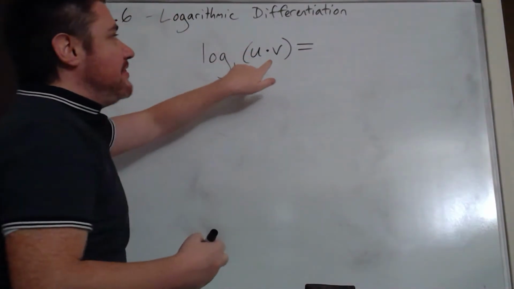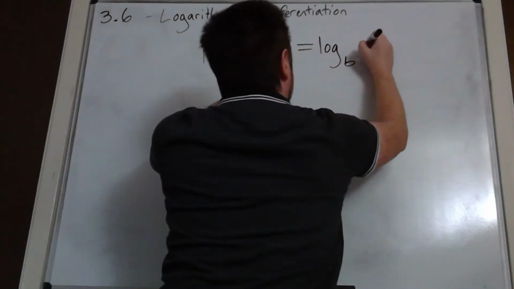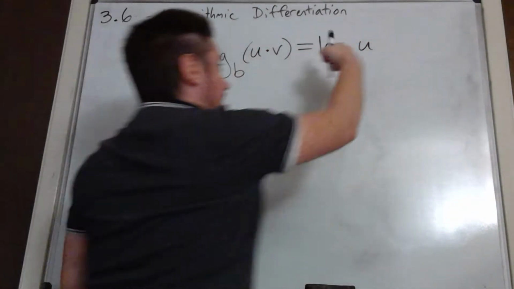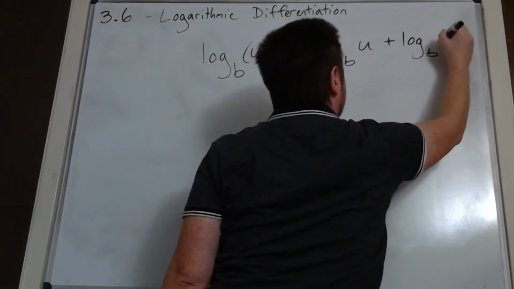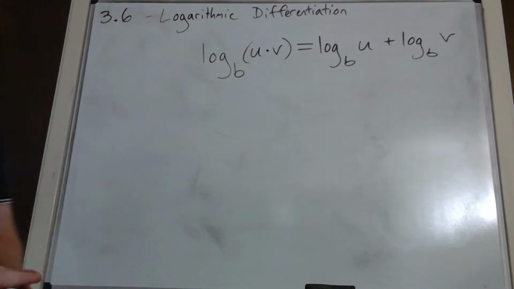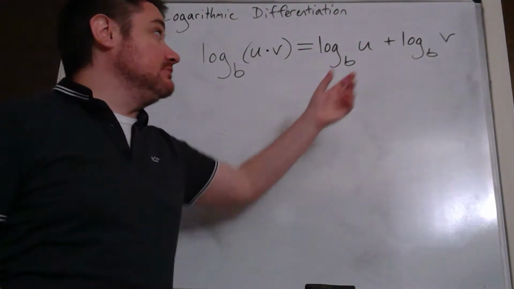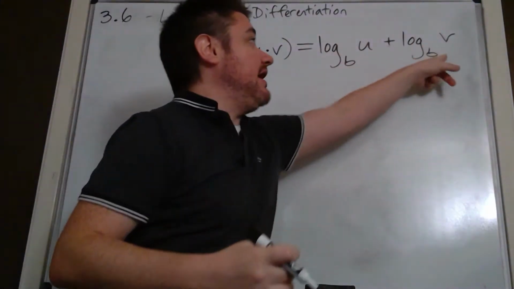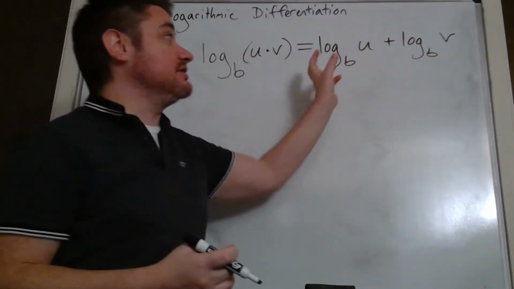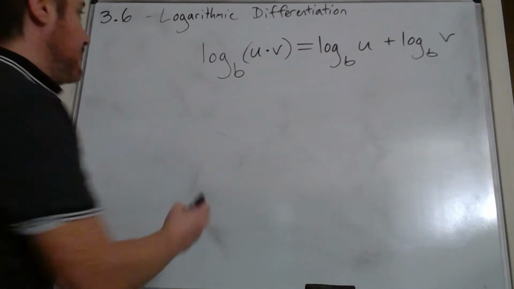And so the log of a product becomes the sum of two logs: log of u plus log of v. Notice the base doesn't change, and these properties work in reverse too. If you're adding two logs with the same base, you can combine them by multiplying the two arguments. So that's one of our properties.